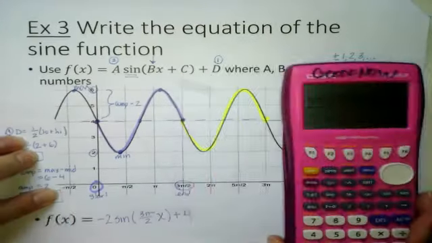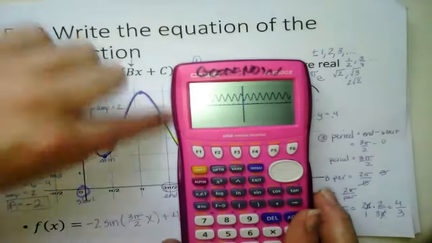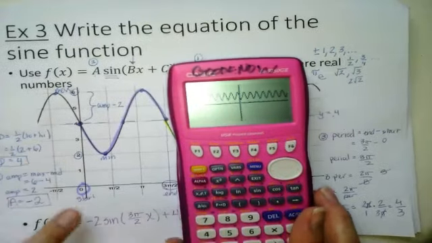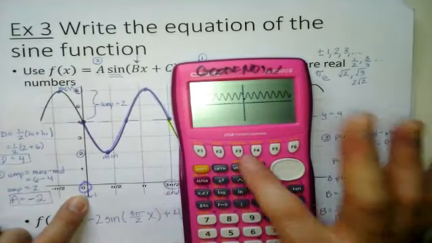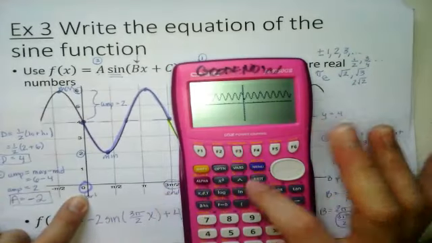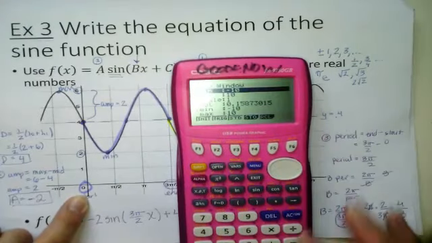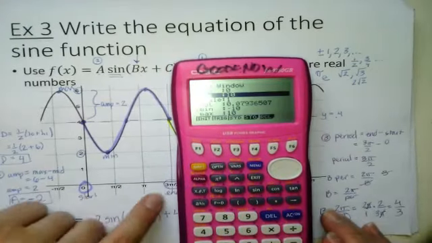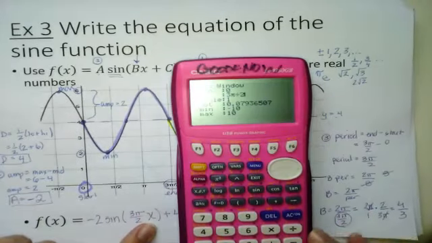What I'm going to do is make my window look just like this one period here. So I want my x-axis to start at 0 and end at 3 pi over 2. So I'm going to change my viewing window. On the TI, you would change the window. I'm going to make x min 0 and x max 3 pi divided by 2.